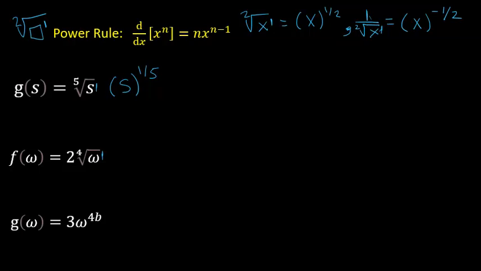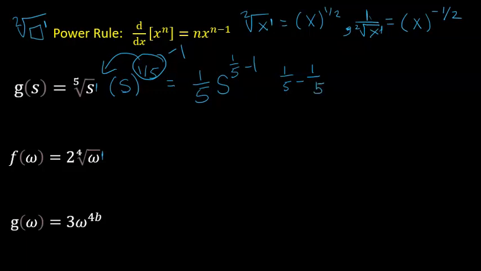Let's see. So I have my setup now, and I haven't done any math yet. It's just my setup. So I'm going to take this nth degree, throw it in the front, and subtract 1 from it. Let's do the setup: 1/5 s to the 1/5 minus 1. I have to do the exponents first. So I have 1 over 5 minus 1, which gives me that invisible 1, which makes it a 5 at the top and a 5 at the bottom, because I have to get the bottom numbers the same.